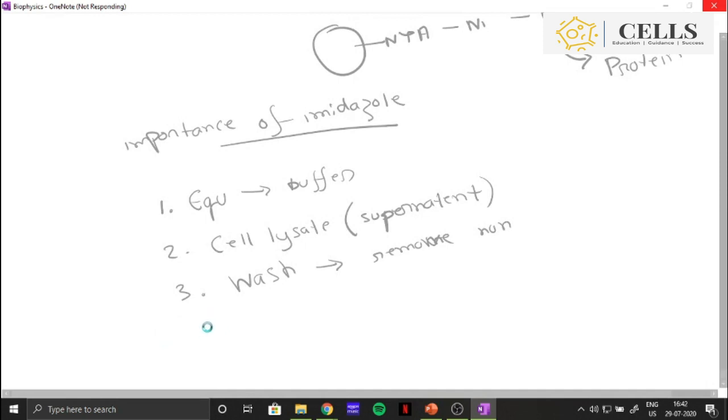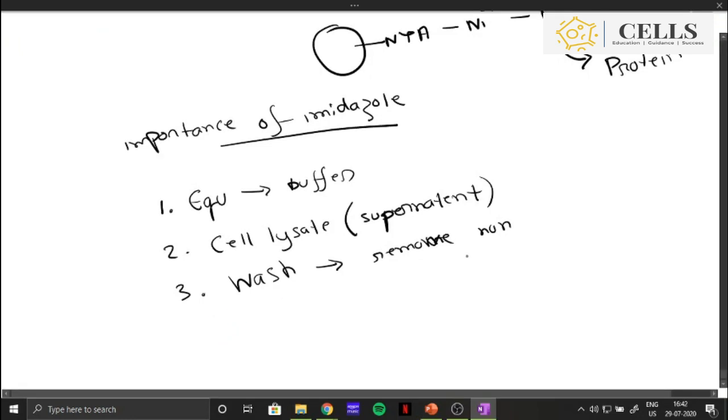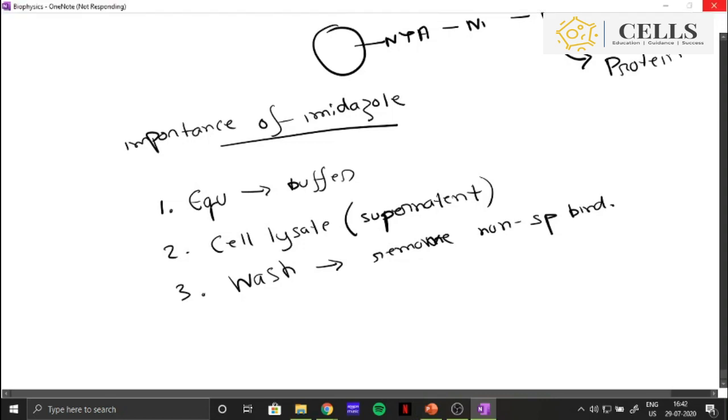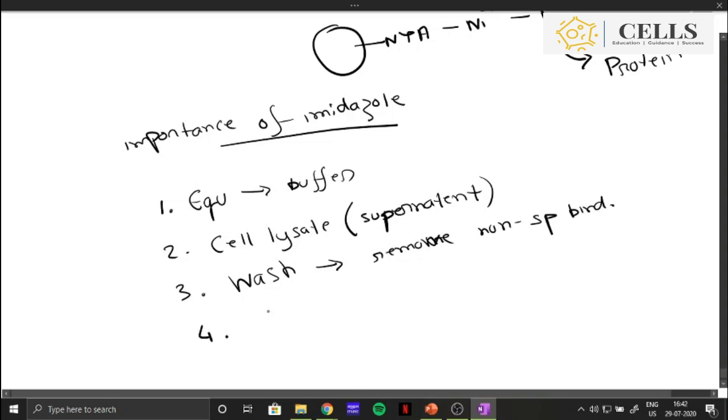Can you explain the wash step again? Sure, I'll explain the wash step. And the fourth step is elution.